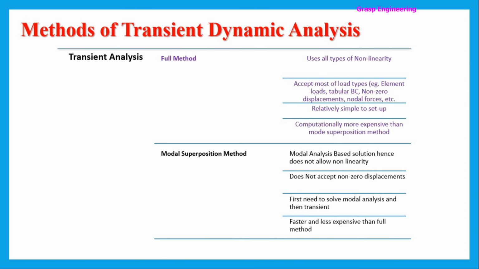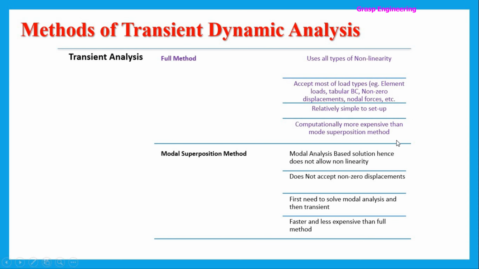The prime advantages, or you can say the pitfalls, are mentioned here. First, the full method allows all types of non-linearity, except some load types such as element load, tabular load, non-zero displacement, nodal forces, and it is also simple because it does not consider modal simulation.